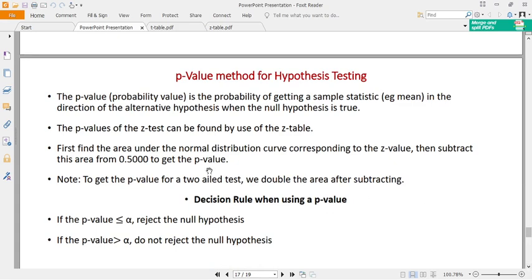So here we first find the area under the normal distribution curve corresponding to the z value, and then subtract it from 0.5. Remember that the critical region is always in the tail, that's why we are subtracting from 0.5. And now to get the p-value for the two-tailed test, we double the area after subtracting.